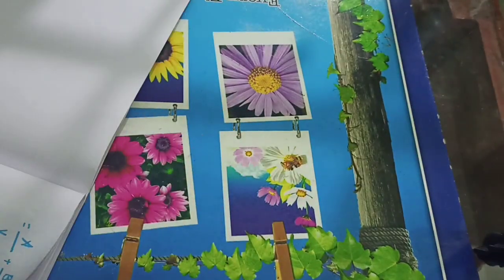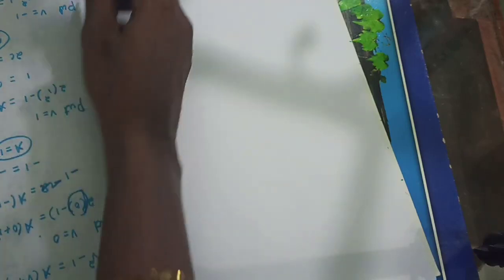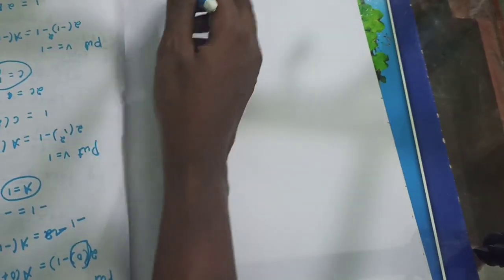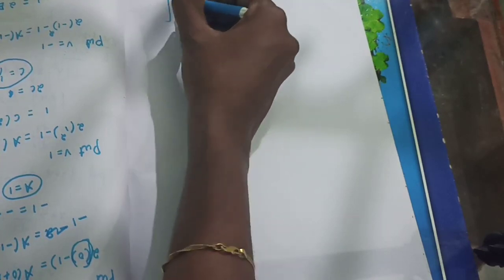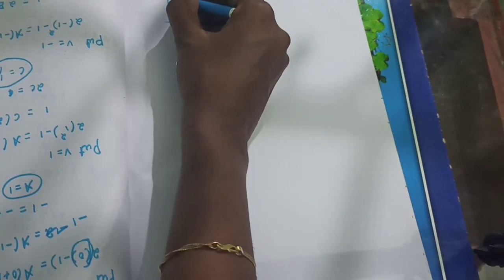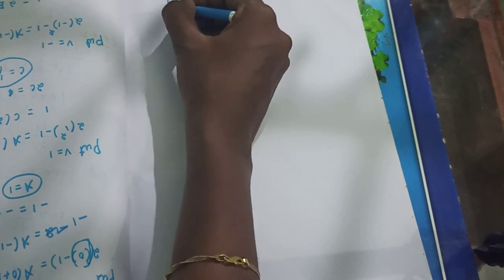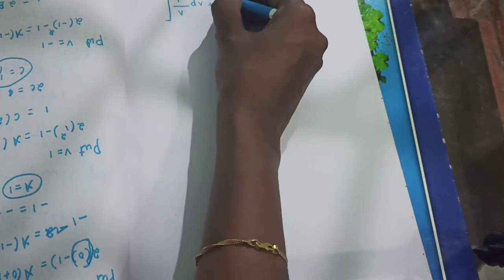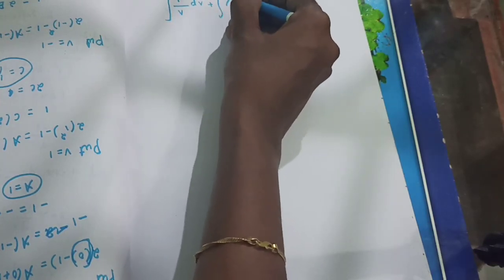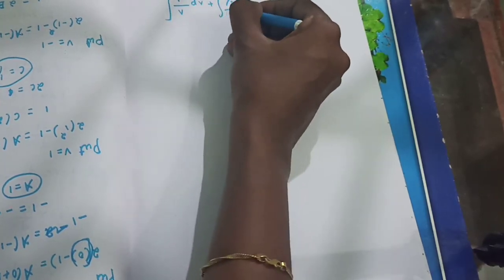Now we are going to substitute in equation number 2. When you are substituting, what will happen? Three integrals are there, is it right? If we are splitting, the A value is 1, so the first factor is integral of dv by v. The next factor is the B value, 1 by 2, dv divided by (v plus 1).